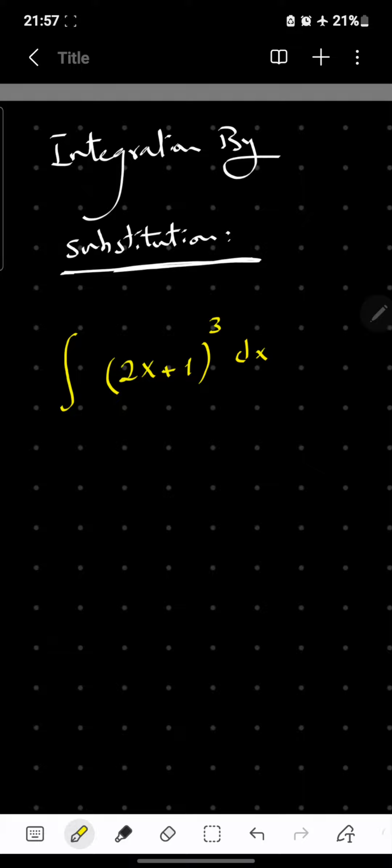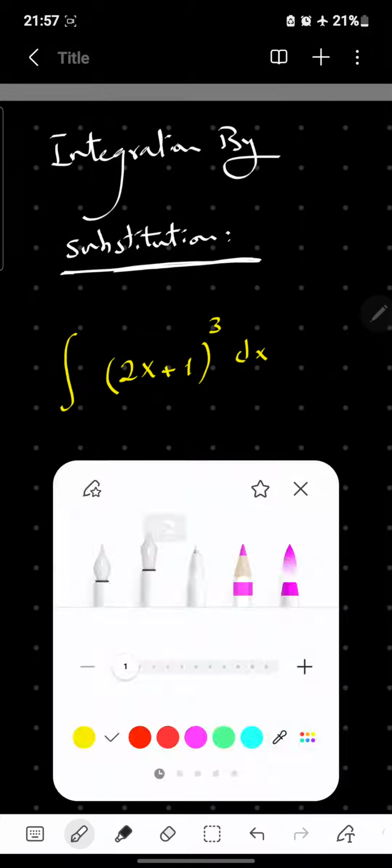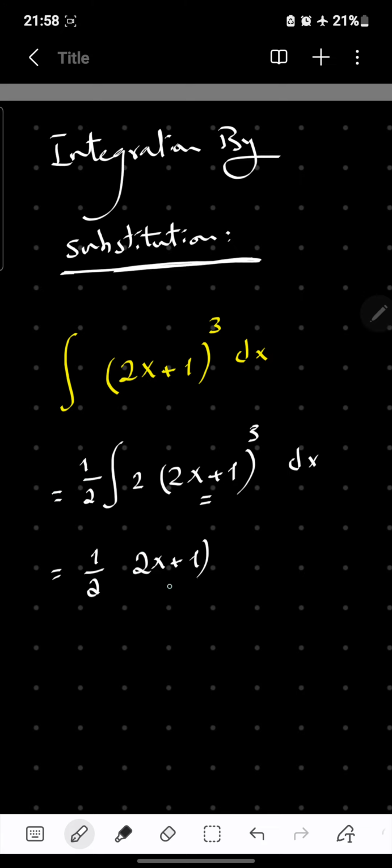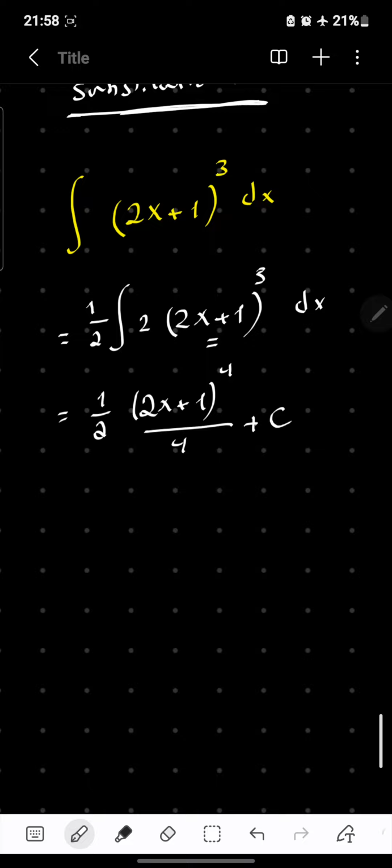Here it's very easy because you will say to me that okay, we have 2x plus 1 here, it's a power function, so we need only the derivative of the inner function inside the bracket, so we have to multiply by 2 and the outside by half, so it will be half (2x + 1)^4 divided by 4, and this is the power rule.